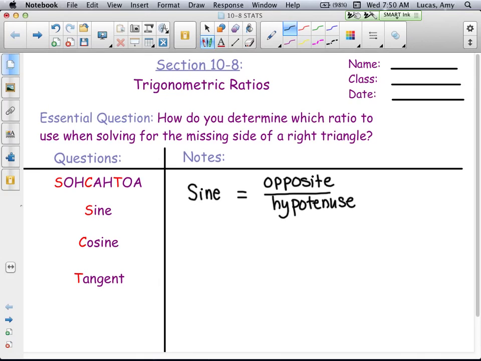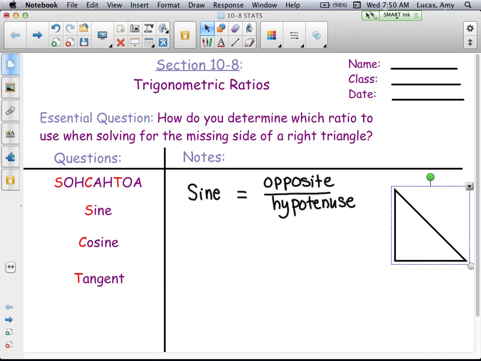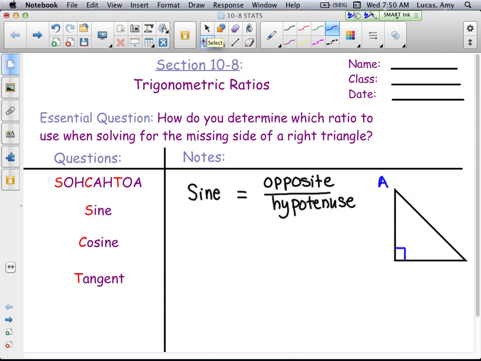So if we're looking at a right triangle like this, I'll call this triangle ABC.